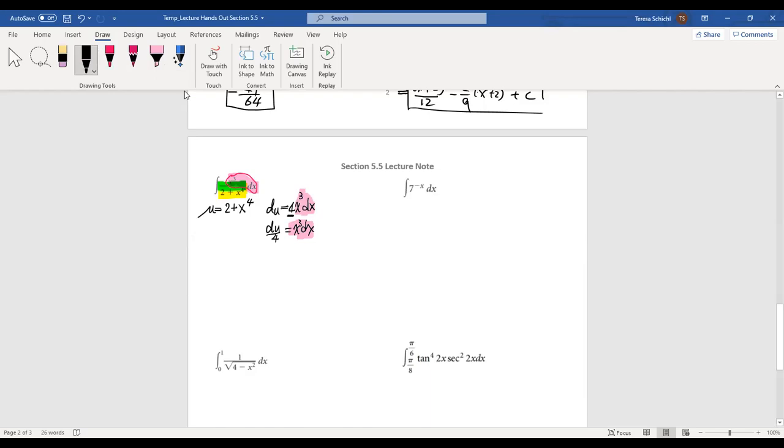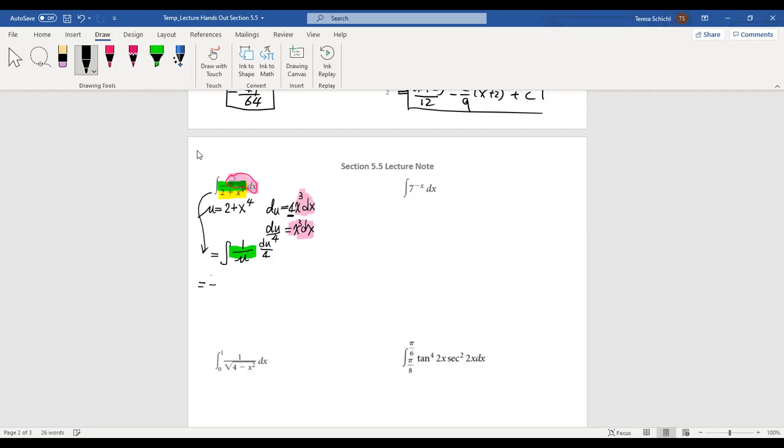Now let's see if I can rewrite this integration. My function is the ratio, 1 over, and on the bottom, 2 plus x to the fourth is my u. Then x cubed dx is du over 4, right?